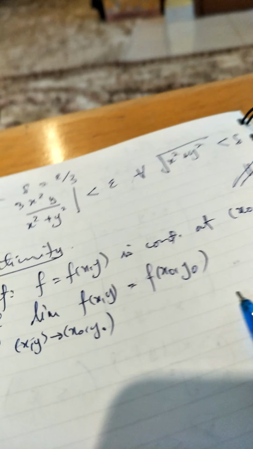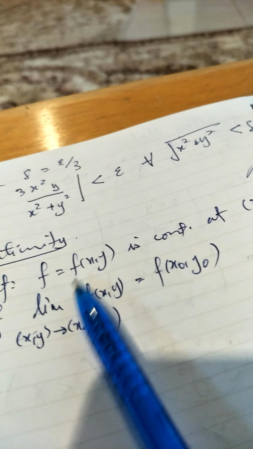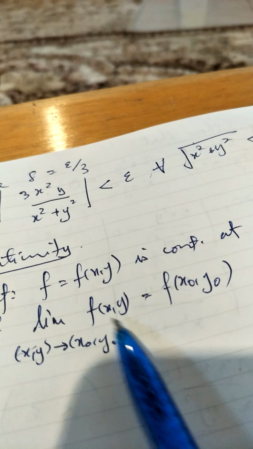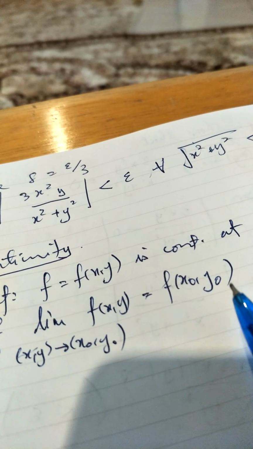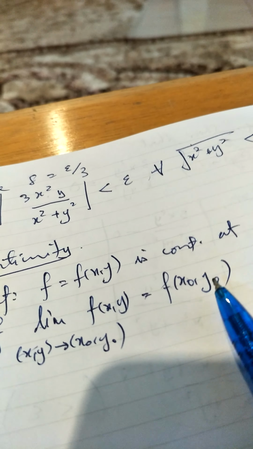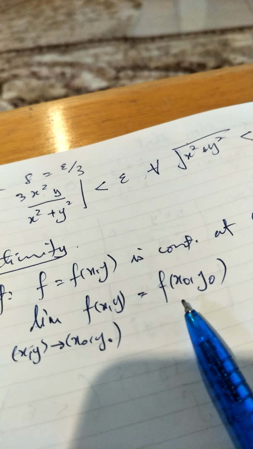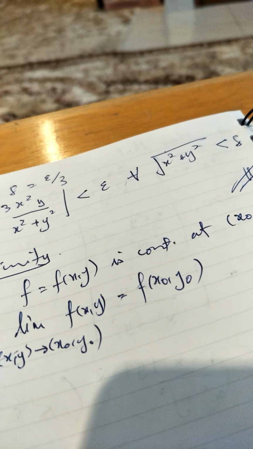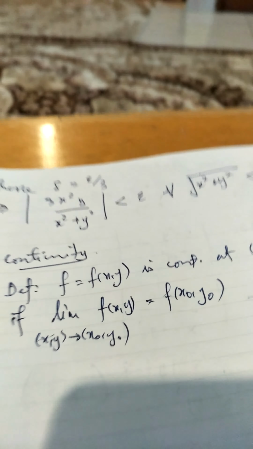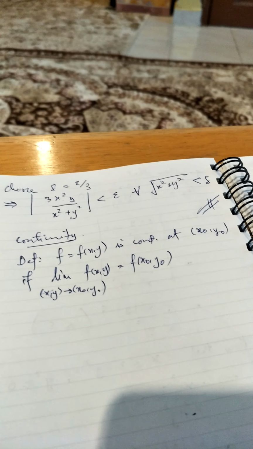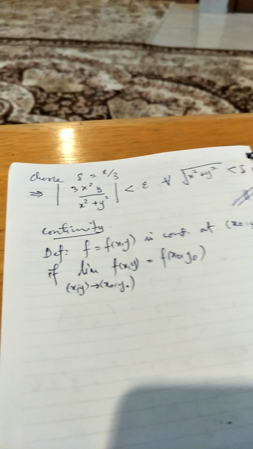So if our function satisfies that condition, the existence of the limit, and then if we evaluate the function at that point the value is the same, then we say the function is continuous. So I think that is enough for limit and continuity. Thank you.